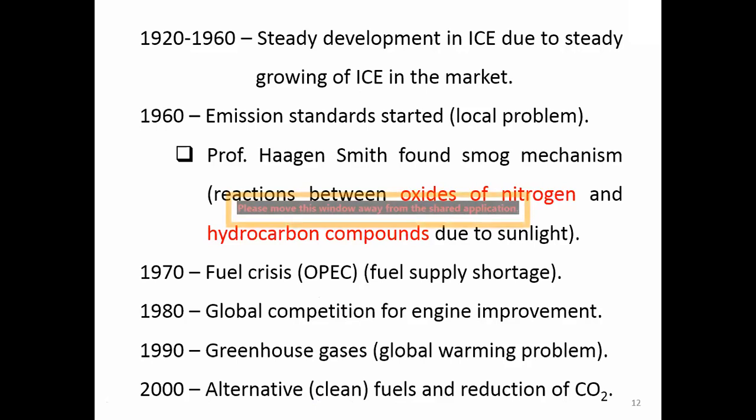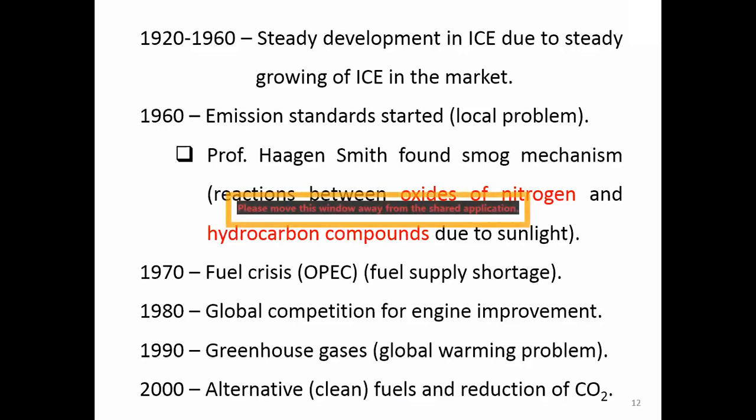It gives the engine higher power. They did not think about the impact of using that fuel. But after the greenhouse problem happened, they had to look for an alternative fuel, not only fuel from crude oil. They have to look out for fuel from other sources.